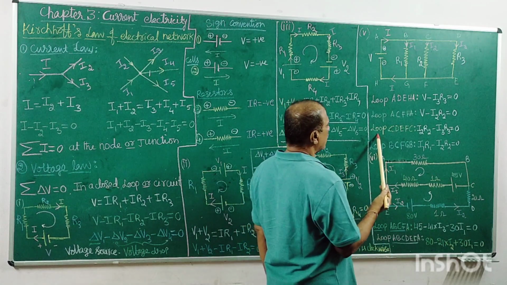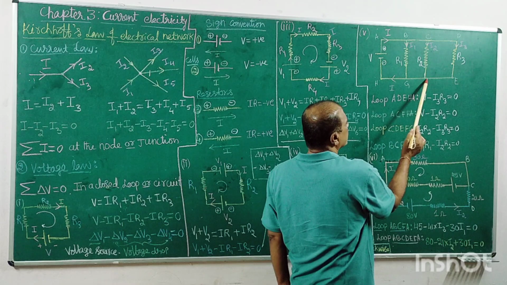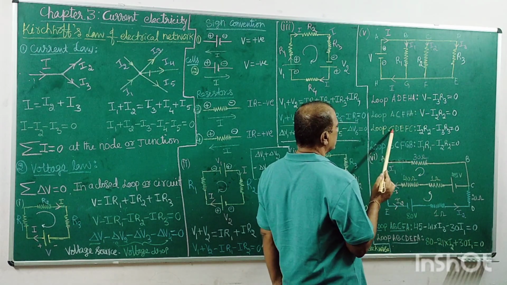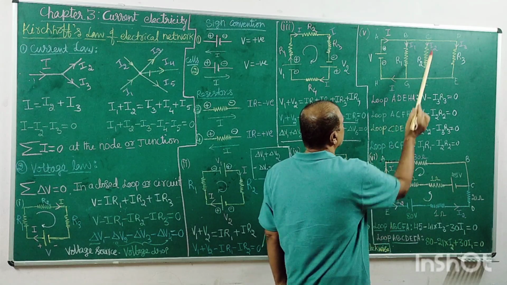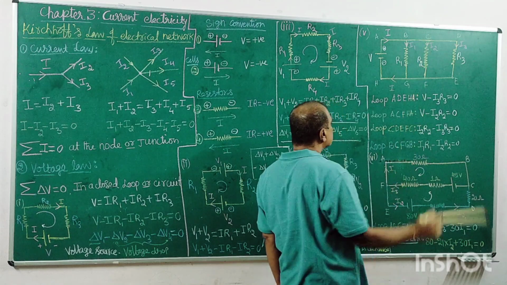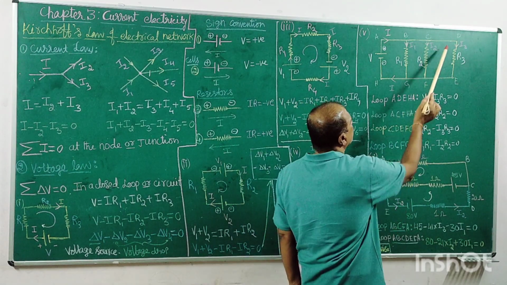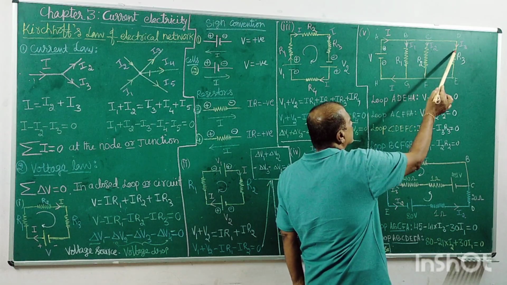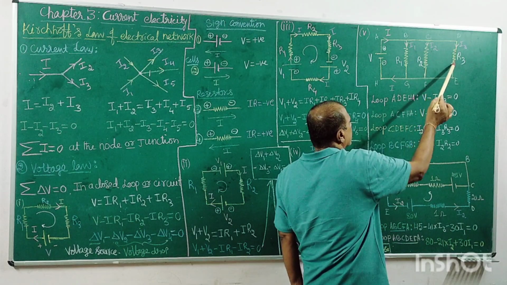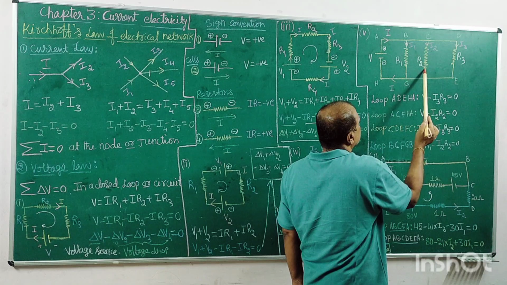Similarly, if you consider this as a loop, this loop has no cell, only resistors. C, D, E, F, C. Back to this point. The equation is, look at this, current direction. If you take a loop current like this, clockwise, the current goes like this, but here the current is in the opposite direction.